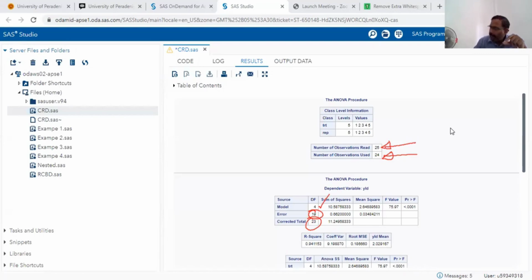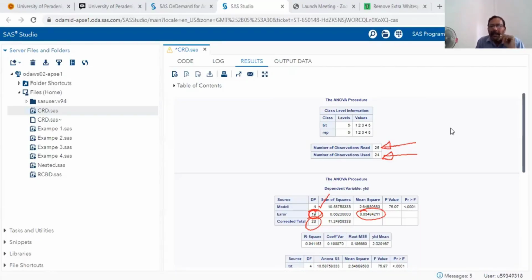If degrees of freedom changes, what will happen to the error? The error mean square will change because mean square totally depends on it, and sum square also slightly changes, not very big because one data is missing. So the total sum square will be slightly different. A treatment sum square also slightly different because one data is missing.